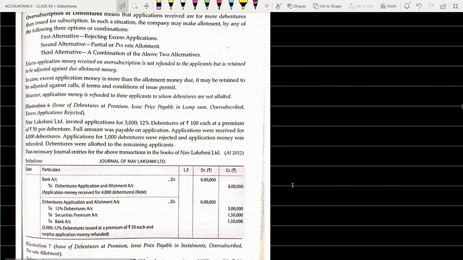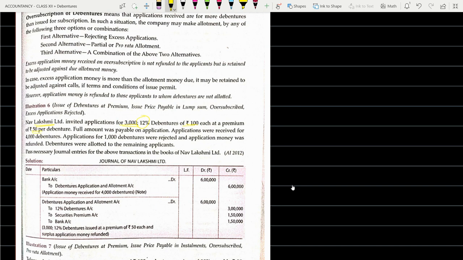Let's look at problem number 6. Navlakshmi Limited have invited applications for 3,000 12% debentures. So 3,000 is the quantum, 12% is the interest rate, and rupees 100 is the face value, each at a premium of rupees 50 per debenture.